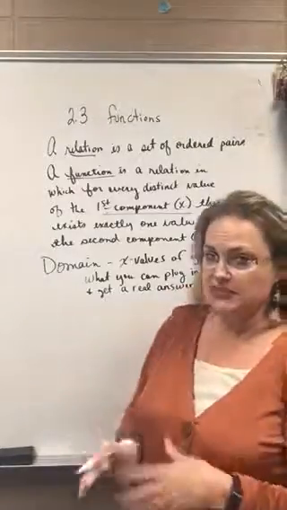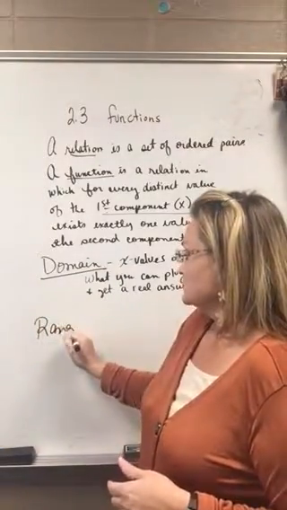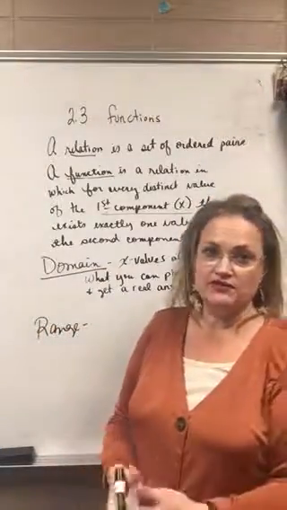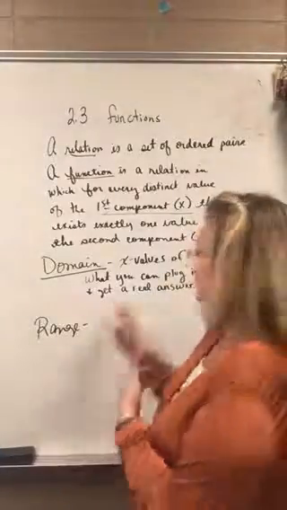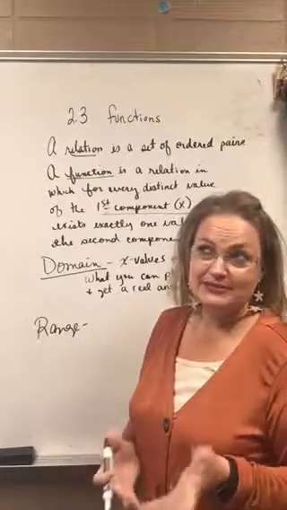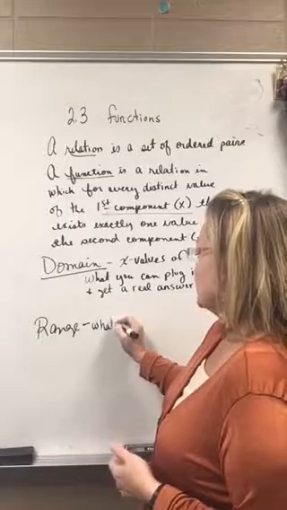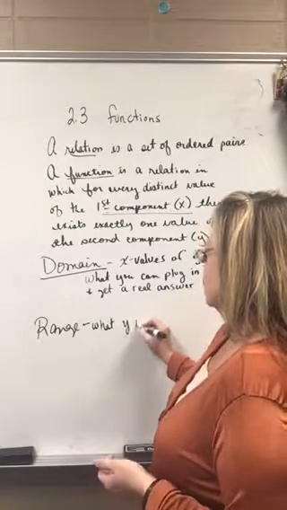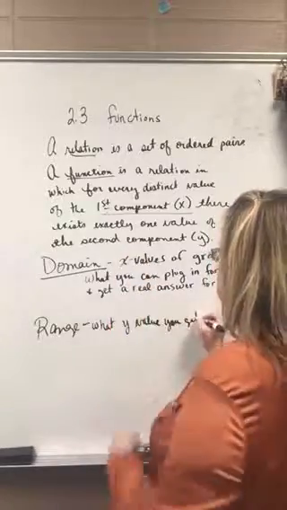All right, we'll look at some examples of that in a minute. And then the range is, what are those y values? Normally we think of the range, or the y values, as being the dependent values, because they depend on what you plug in for x. You get the output for y. So they're called dependent values. The range is what y values you get from this process of plugging in.